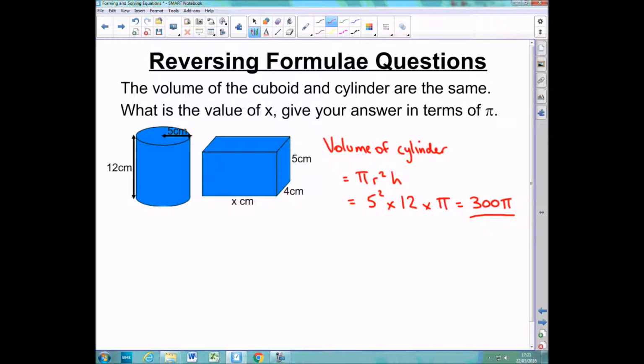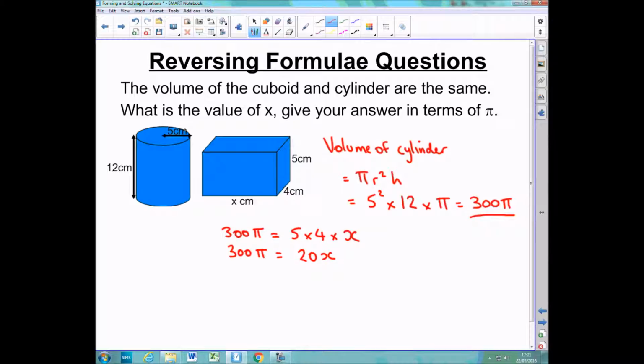So I know the volume of the cylinder is 300 pi, which means that the cuboid's volume must also be 300 pi. So I've got 300 pi equaling the volume of my cuboid. Now, to find the volume of the cuboid, I need to do 5 times 4 times x. Simplifying this up a little bit, I've got 300 pi equaling 5 times 4, which is 20x.